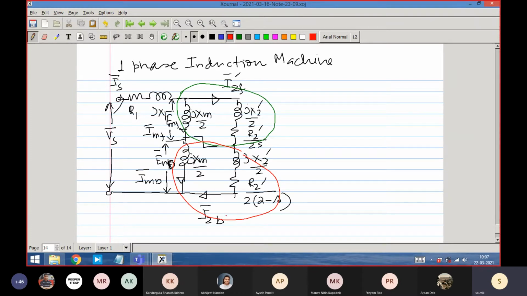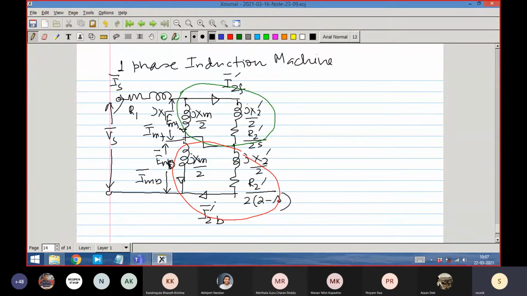When I write I2B dash, I imply that this is actually a stator current, the reflected stator current, which is representing the rotor current created in the rotor due to the backward rotating magnetic field.